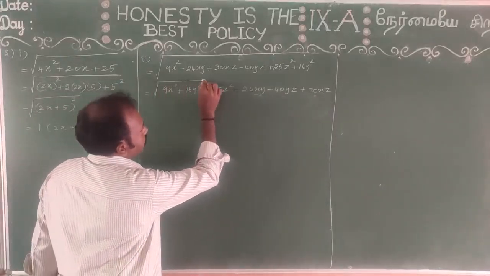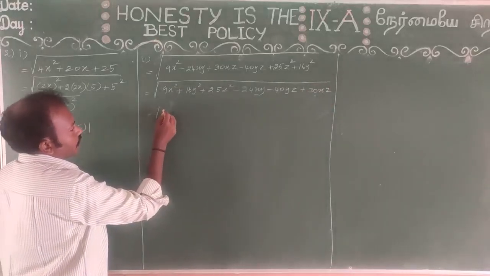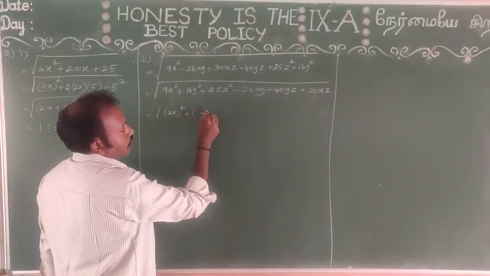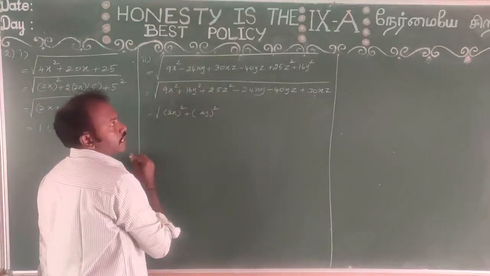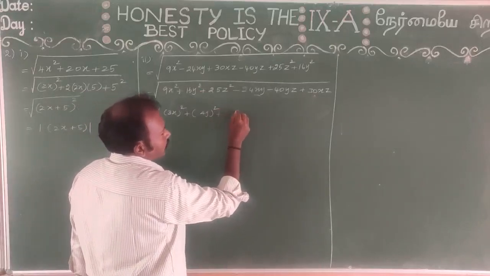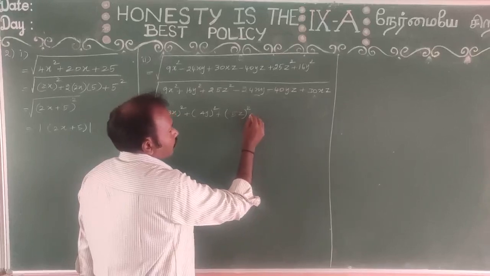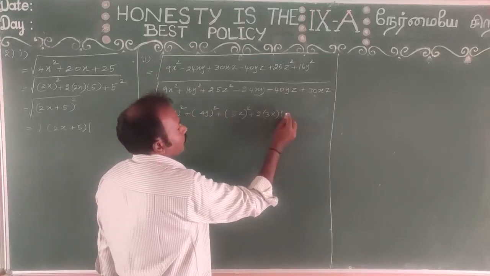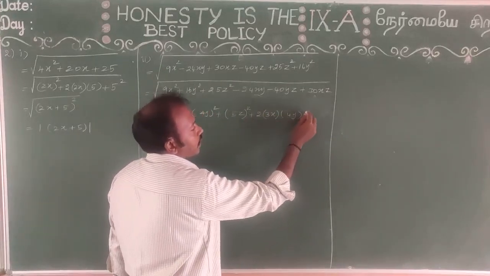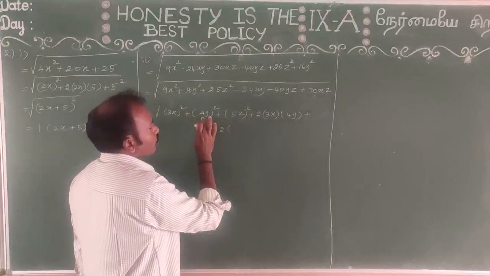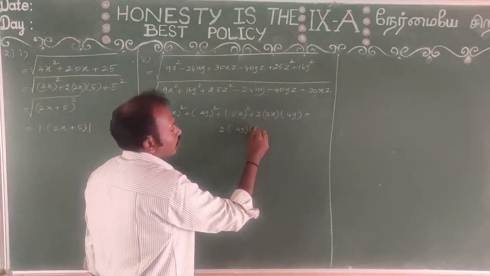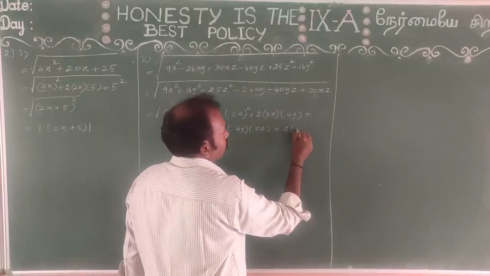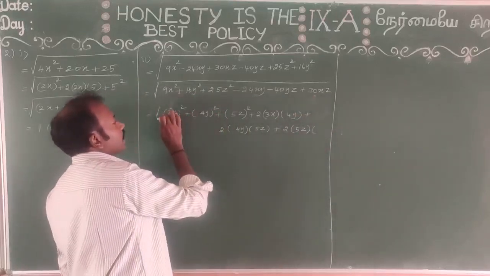That is equal to root of 3x the whole square, that is 9x square, plus 4y the whole square, that is 16y square, plus 5z the whole square, plus 2ab, 2 into 3x into 4y, plus 2bc, 4y into 5z, plus 2ca, 5z into 3x.